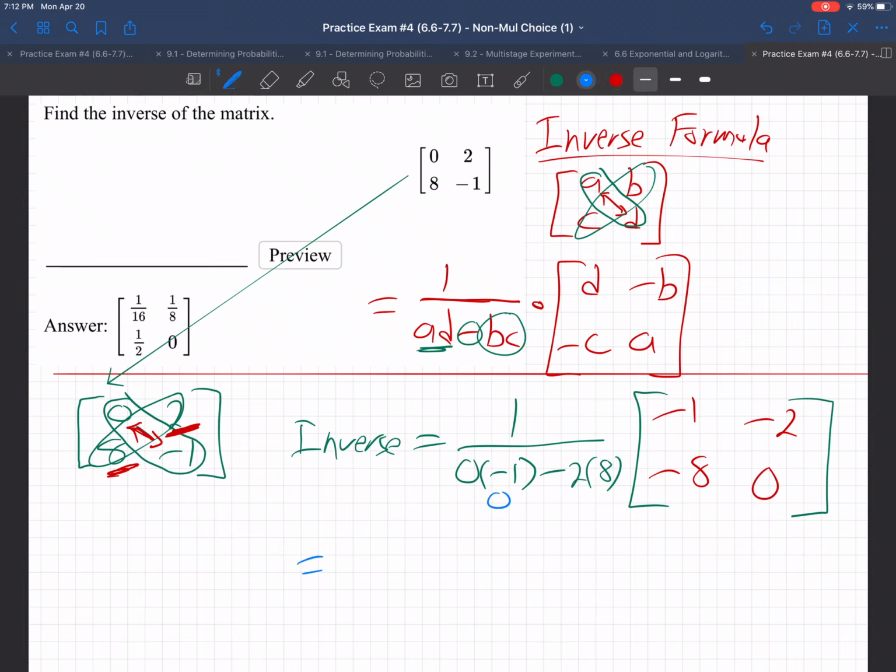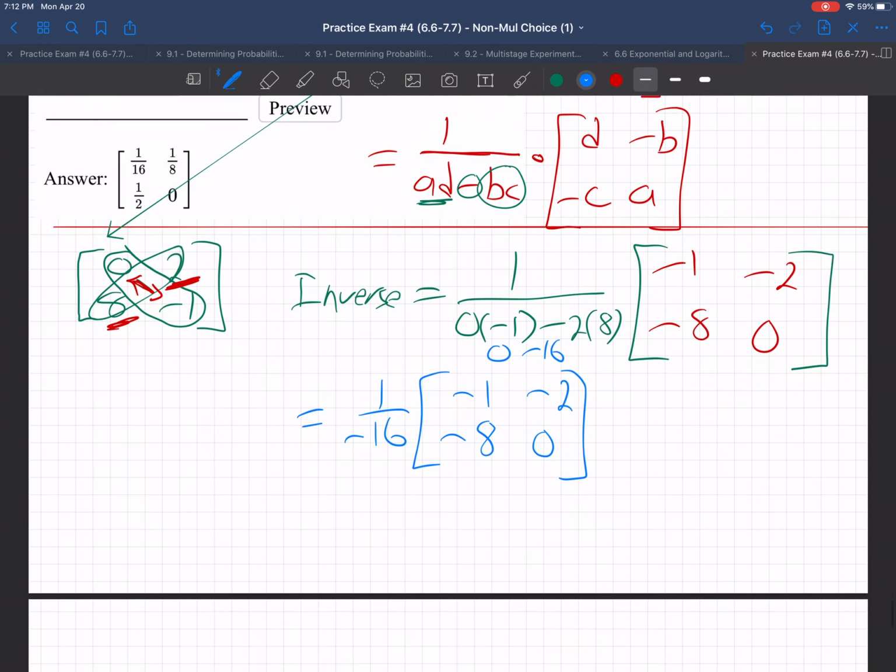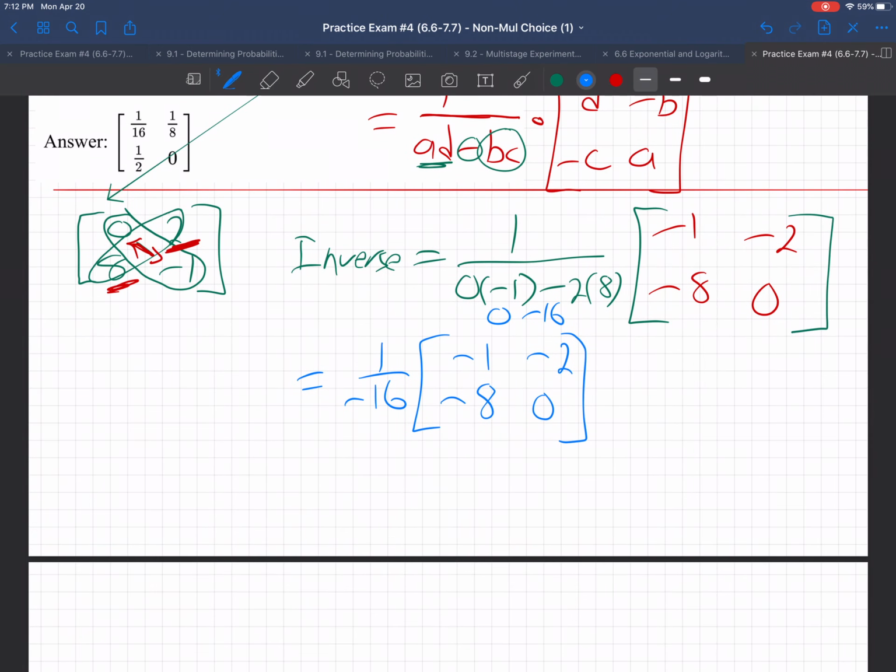What is this? This is 0 minus 16. This is 1 over negative 16. And so that is going to now multiply to all of these. It's going to go there, there, there, and there. It's going to multiply everybody.